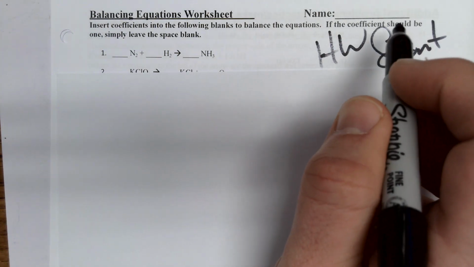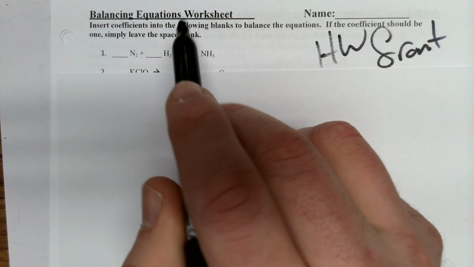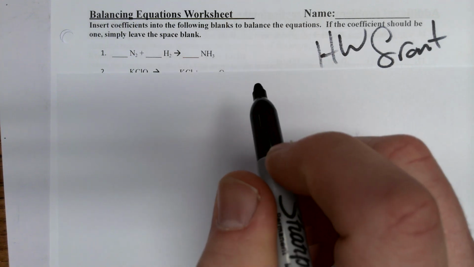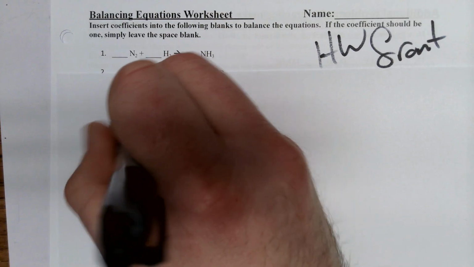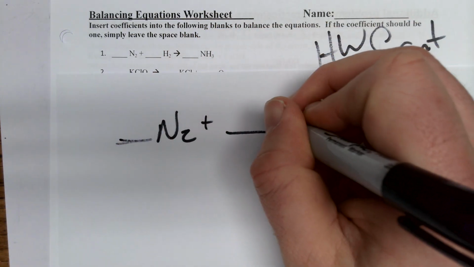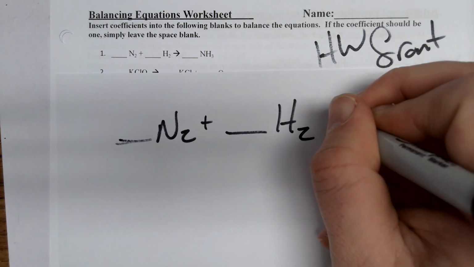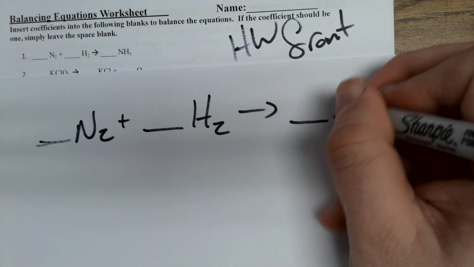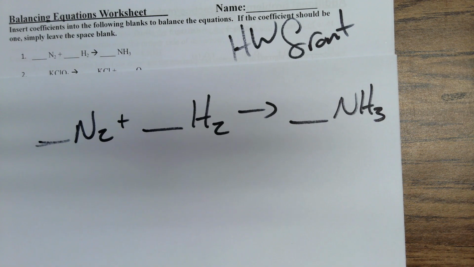If the coefficient should be a 1, simply leave the space blank. So I have space N2 plus space H2 yields blank NH3.